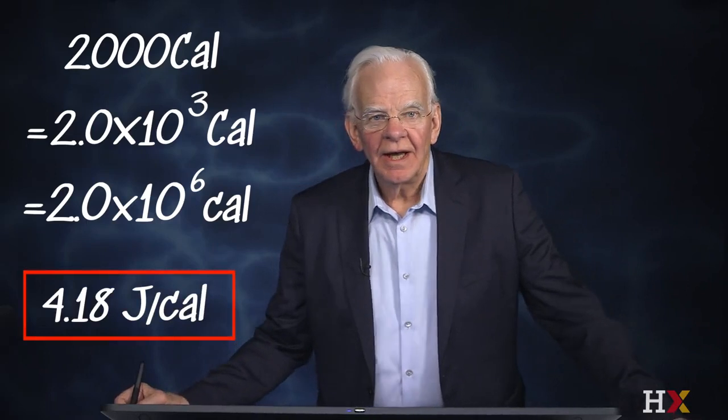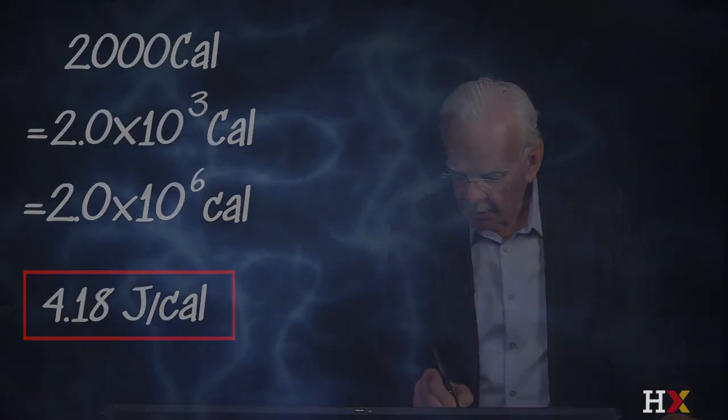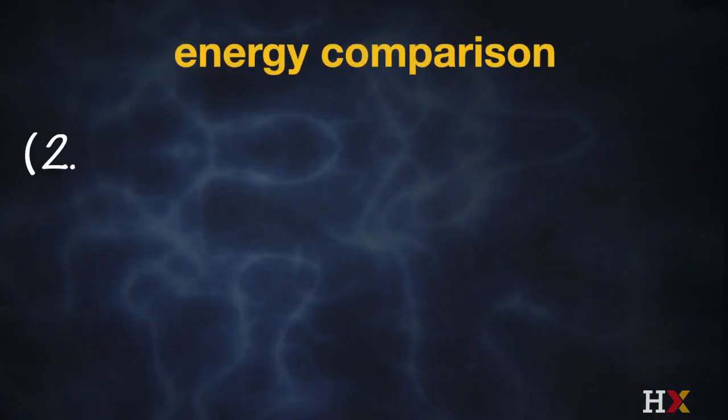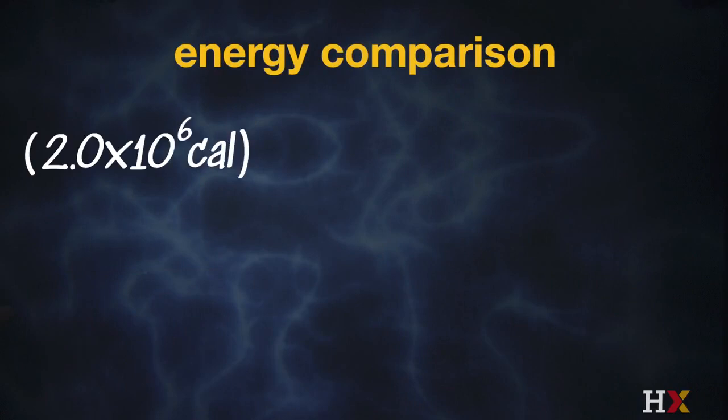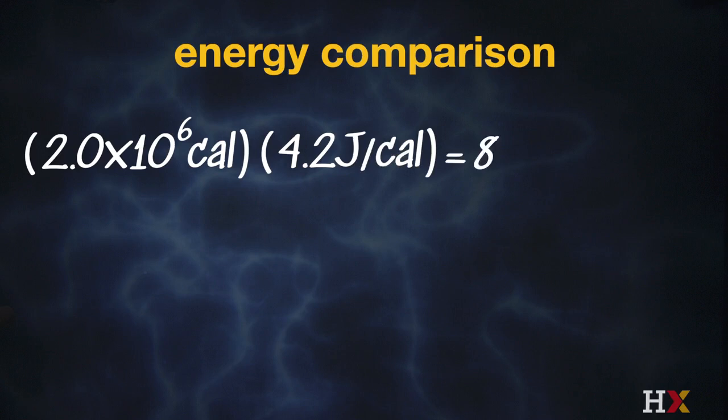All right, well, that allows me immediately to take my 2.0 times 10 to the 6 calories of food consumption per day and multiply it by, we can call it 4.2 joules per calorie, and that gives me 8.4 times 10 to the 6 joules consumed per day.